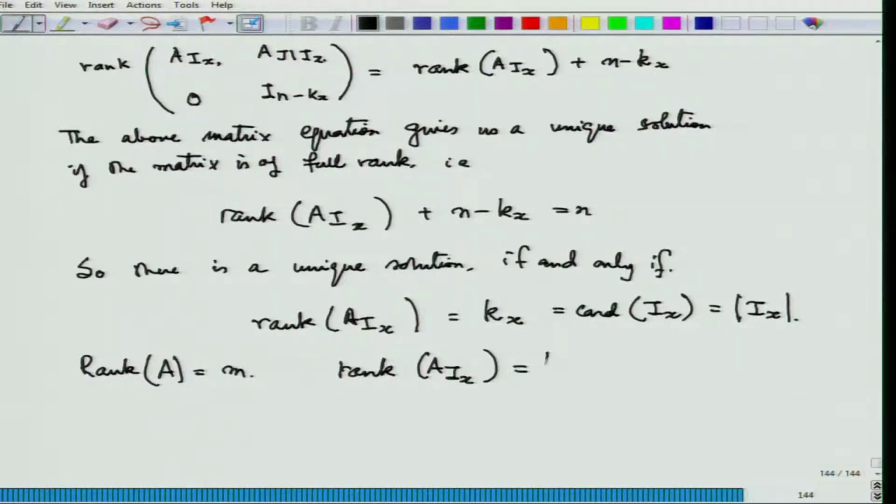Rank of A_Ix, here I do not have all the n columns; the number of linearly independent columns in this matrix has to be less than m, because rank of A is m. So, in the matrix A there are only m linearly independent columns. If I take all those rows and only a few columns, then rank of A_Ix must be less than or equal to the total given rank m.